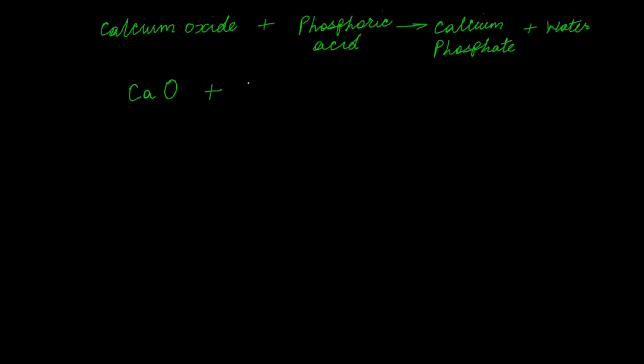Now, phosphoric acid is H3PO4 because phosphate has a valency of -3, hydrogen has a valency of 1. When you exchange the valencies, it will be H3PO4. Is it clear? Now, what will this form?